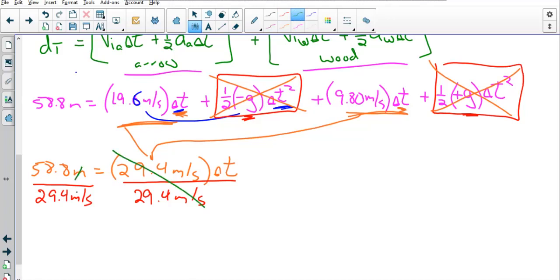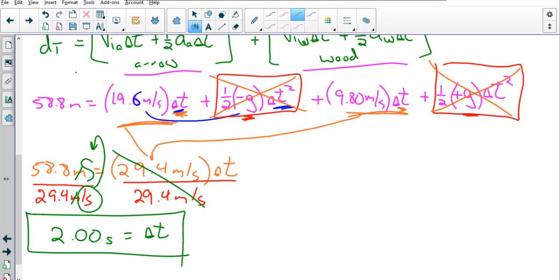A meter will cancel out that meter, and I end up with a per second in my denominator. That's all that's left for units. So if I have a per second left over, that just becomes a second. And so if you do that quick little math, you will probably get something to the effect of 2.00 to 3 significant figures is equal to your actual time. And that's how you would kind of do that specific problem.